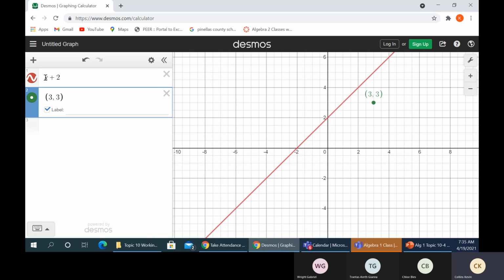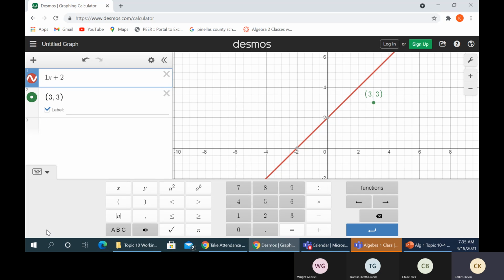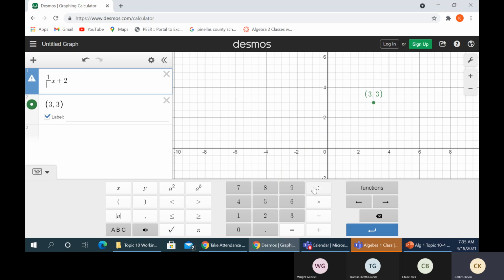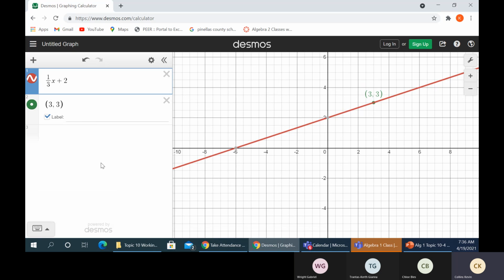So if we put a 1/2 out in front of this, let's see if we can do this. Divided by 3. So you see our graph became flatter. And now it does go through the point 3, 3. So that's how you figure these out when you're plotting a line.